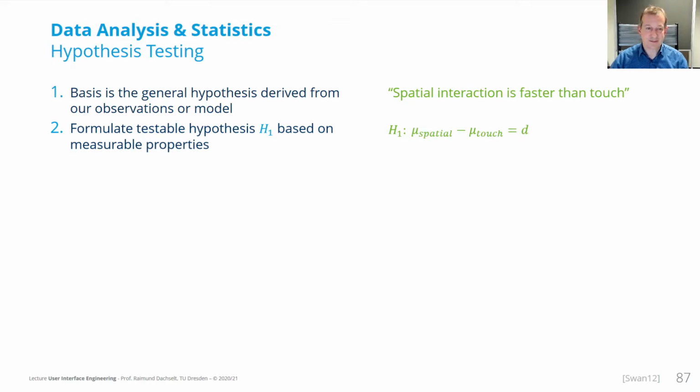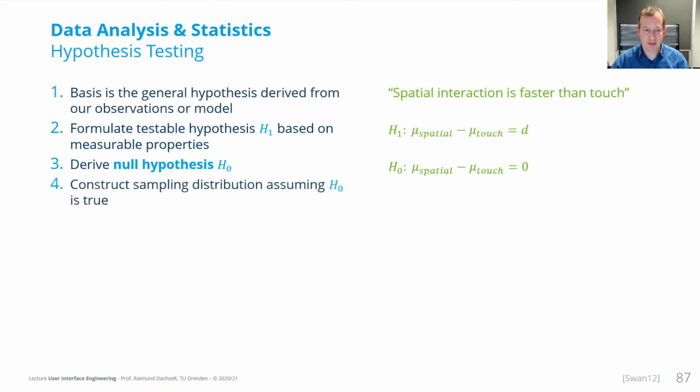That's the idea. The null hypothesis, just a moment. So from that we can derive the null hypothesis H0, and this would say there is no difference between a value, maybe the task completion time, in our spatial condition and in the touch condition. So there is nothing to observe, no difference between them.